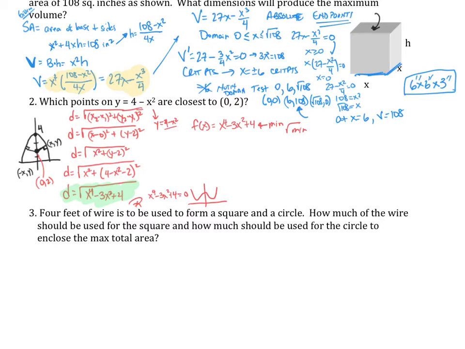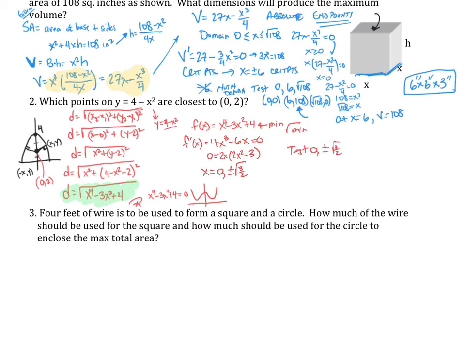And I will take the derivative here, and I'll get 4x cubed minus 6x, and then the constant goes away. It becomes 0. So I want to set this equal to 0, find my critical points, and I end up with 0 equaling 2x times 2x squared minus 3. So I get x equals 0, and then plus or minus root 3 over 2. Okay, so you need to test 0 and plus or minus root 3 over 2.